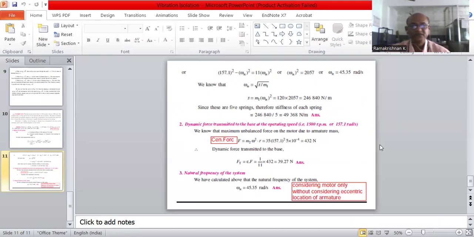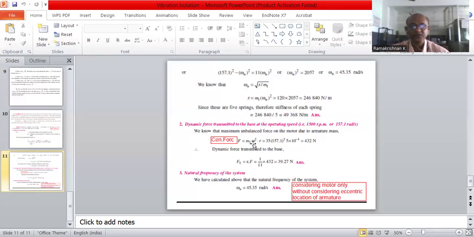The second question, the dynamic force transmitted. As we know from the formula, the armature is offset by 0.5 mm and during rotation it creates a centrifugal force. So the centrifugal force F equals m omega squared r, the general formula. Here the mass m2 denotes the mass of the armature.